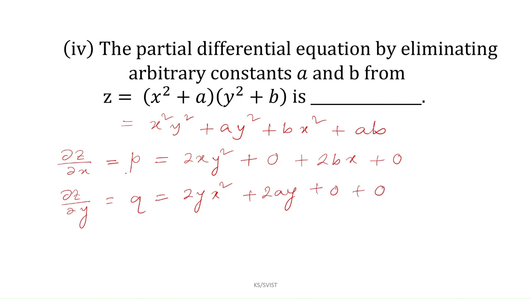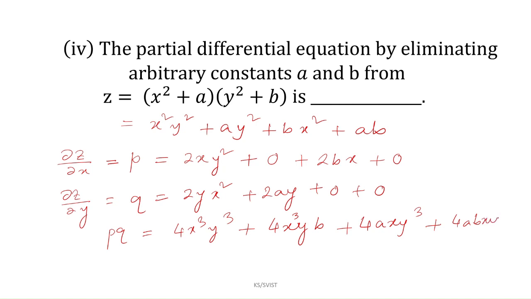Now if we multiply these two, then we will have pq = 4x³y³ + 4x³yb + 4axy³ + 4abxy.